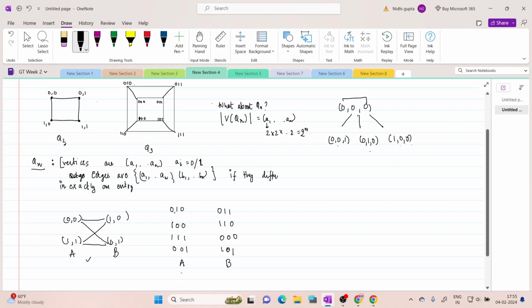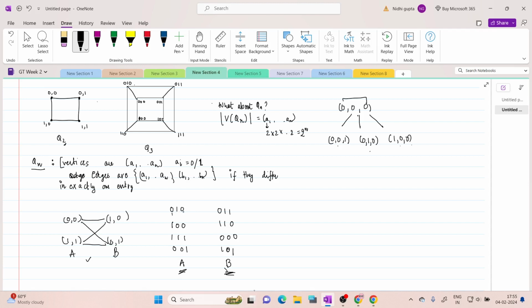If you notice, vertices in A all have an even number of zeros, and vertices in B all have an odd number of zeros. Why do you think that is the case? Let's see. 0 1 0: which vertices will it be connected to?